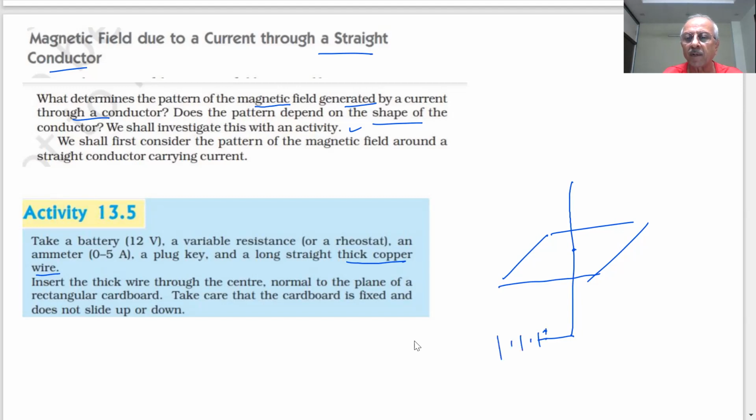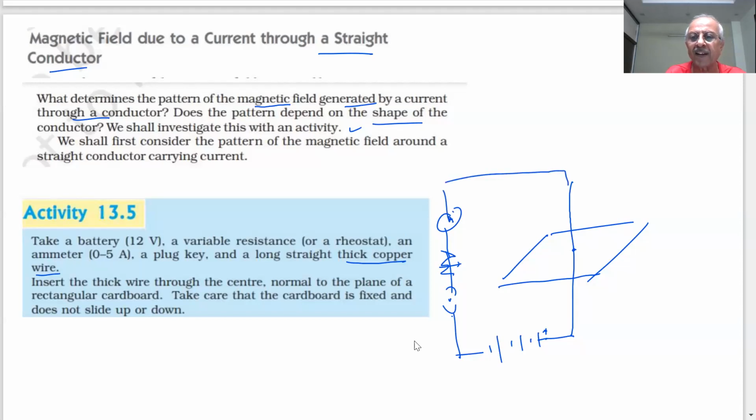I will connect. If I make a connection, this is my key, a plug key, and there is a variable resistance. Resistance can change. Ammeter, you are putting an ammeter of 0 to 5 ampere.